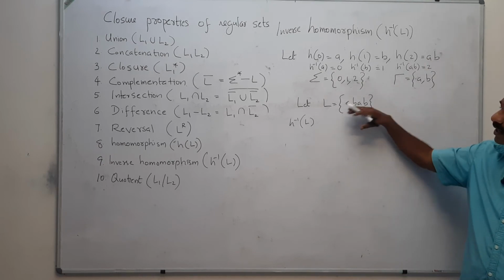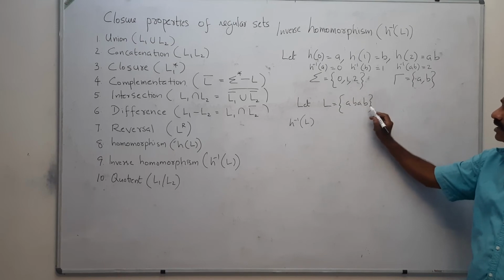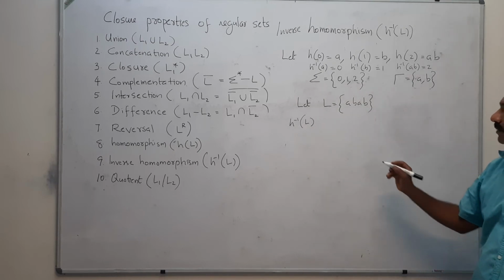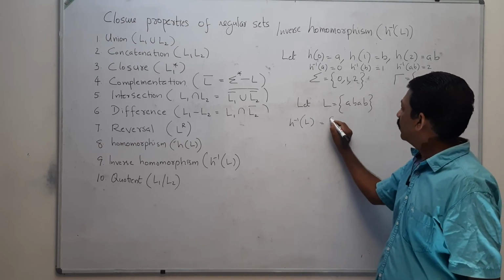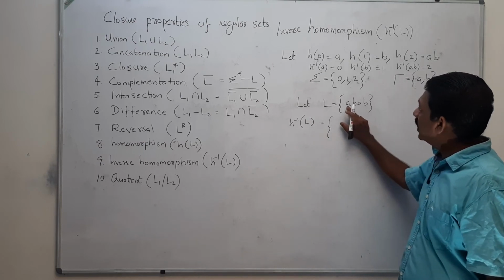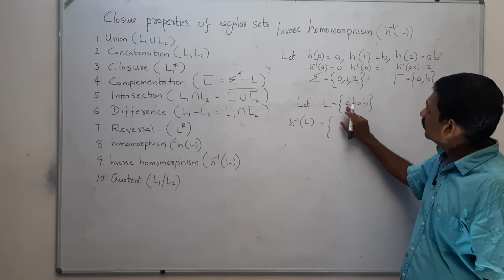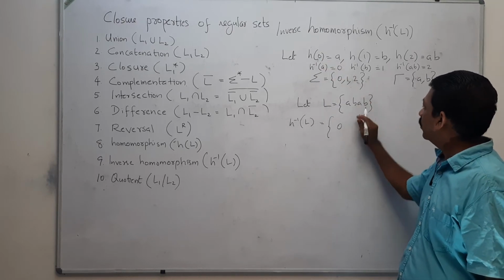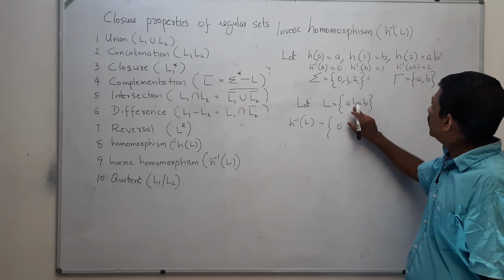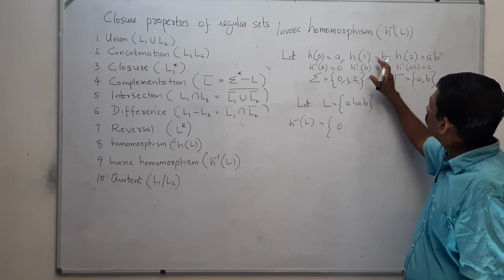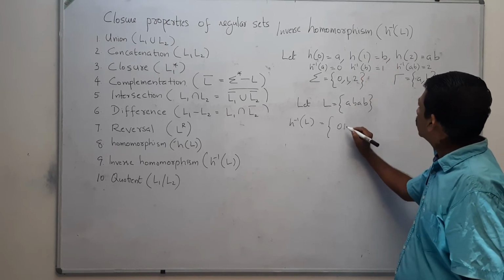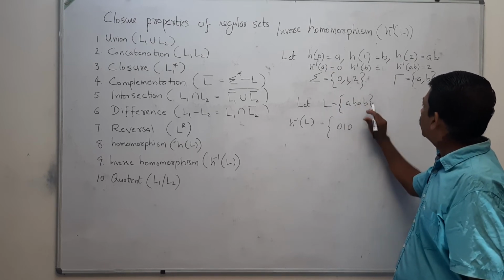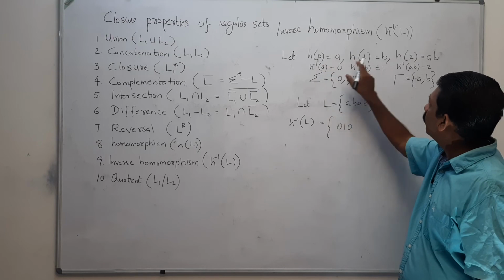Suppose that you got a language L which is AB. What is H inverse of L? See, H inverse of L means here A is substituted for 0, and B is substituted for 1. Again A is substituted for 0 and B is substituted for 1.